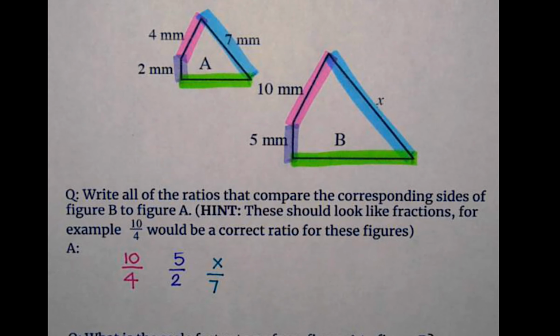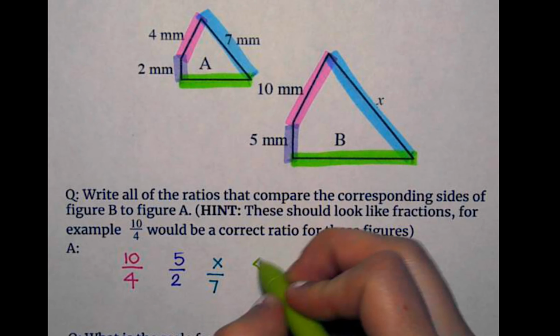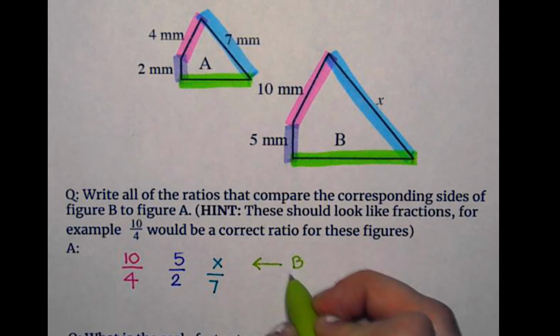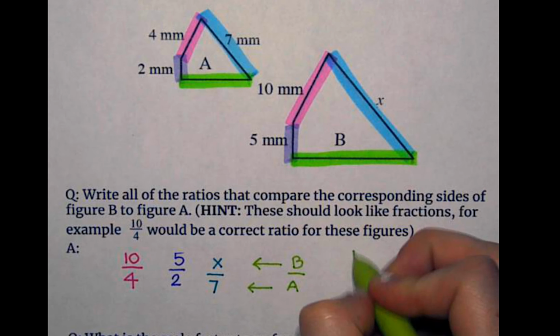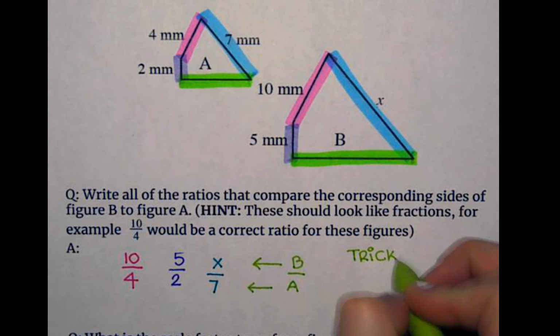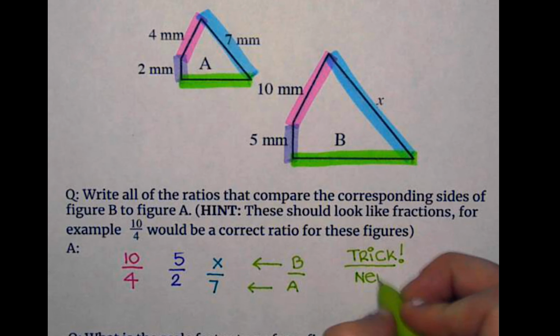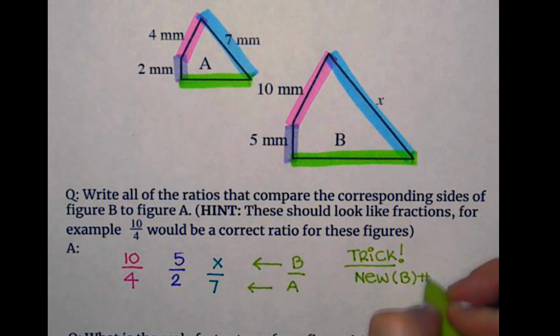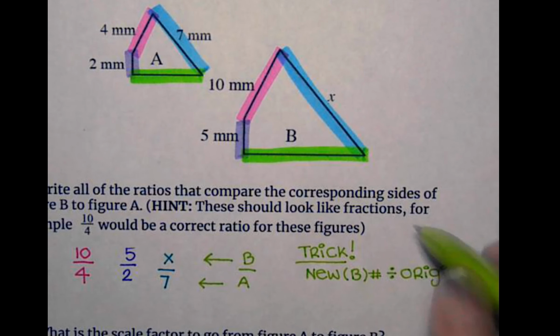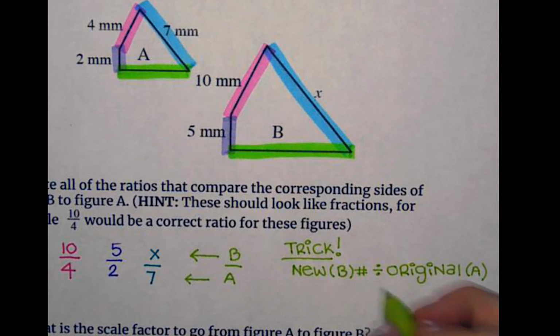And you'll notice that all of the side lengths from B are over all of the side lengths from A. And if you remember, a trick from last week is that if you put the new, or B, for example, divided by original, which is A, then you get the scale factor.